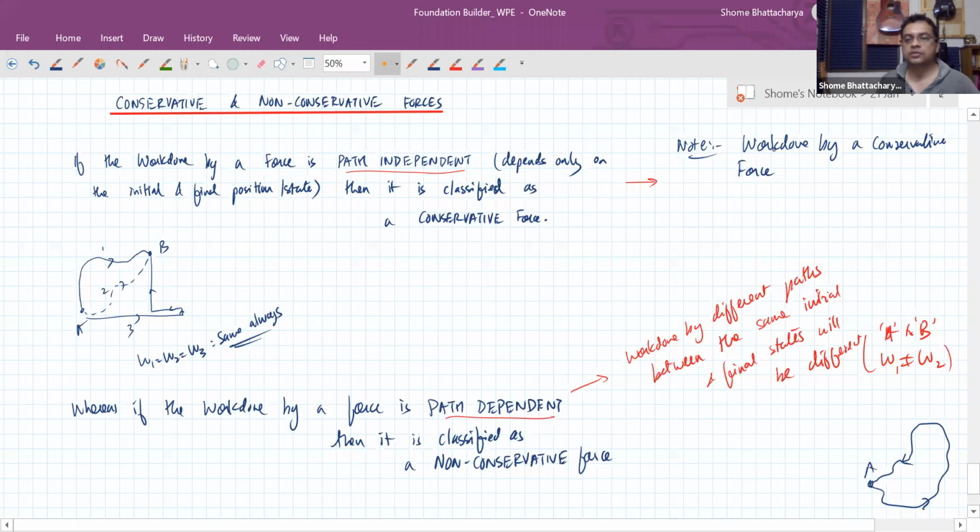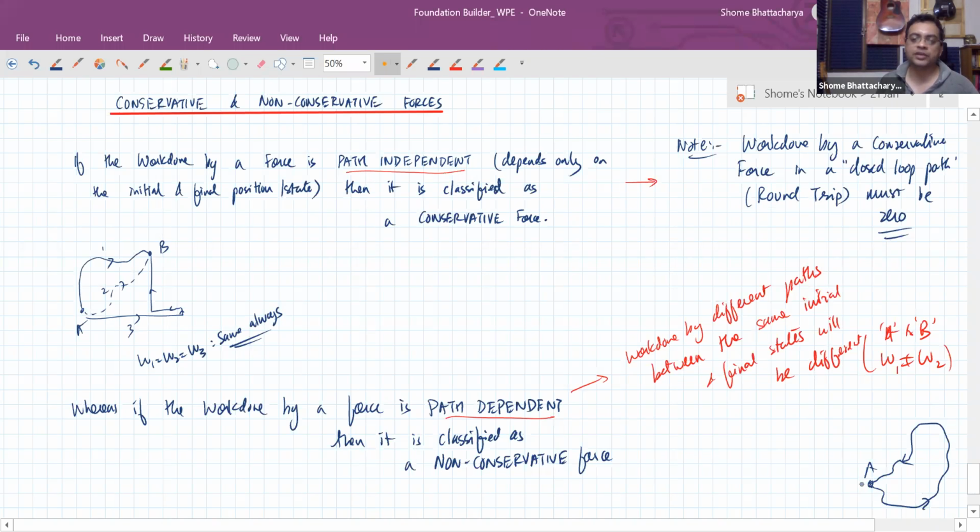So the work done by a conservative force in a closed loop path, in short form we call it round trip, you're coming back to the same position, must be zero. By definition of conservative force, because the work done is path independent.